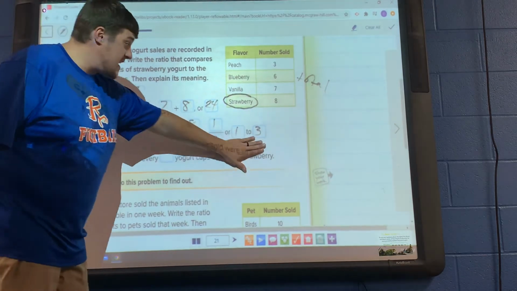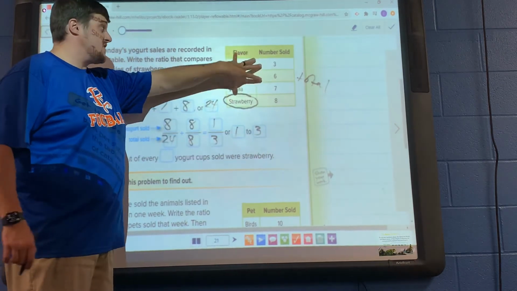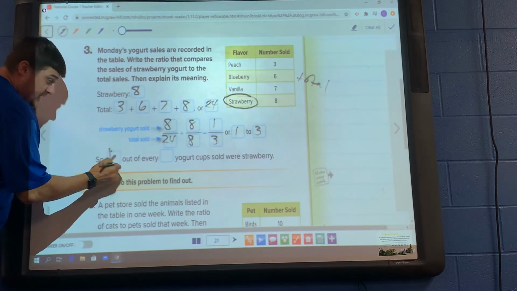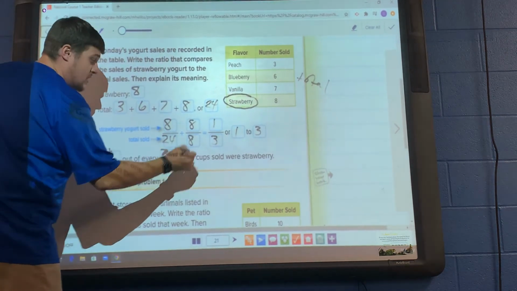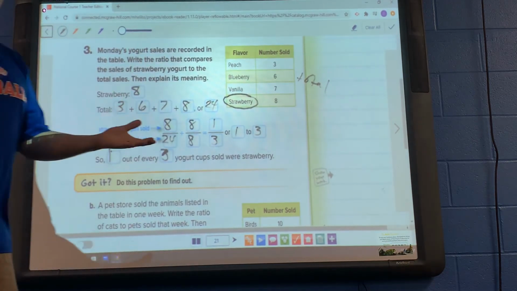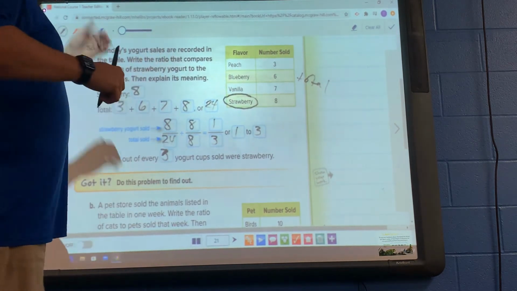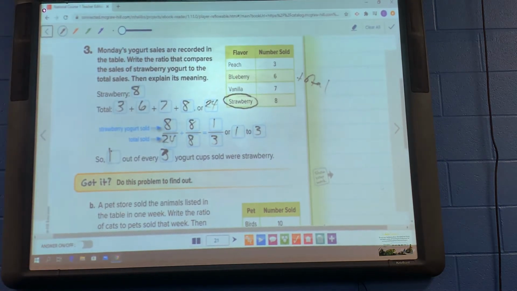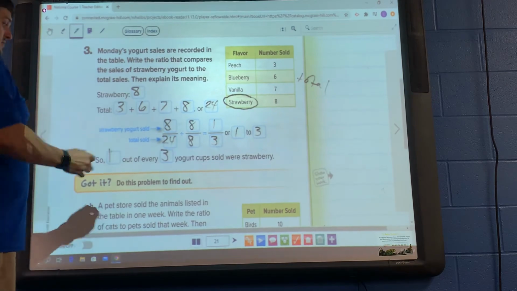What this ratio means for this problem is that 1 out of every 3 yogurt cups sold was strawberry. So every time they sold 3 cups of yogurt, at least one of those was a strawberry. That's how ratios work in the real world.